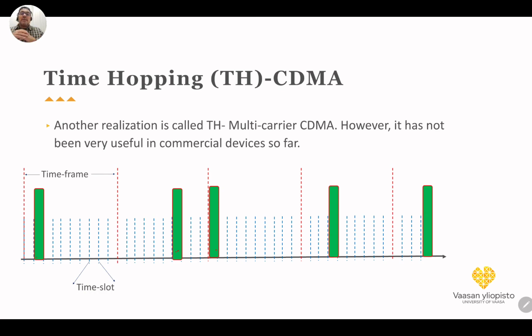Actually, this time hopping CDMA is applied in several systems, and one of the main applications is called ultra wideband. An ultra wideband transmission, impulse radio ultra wideband, where they use impulse radio. So we send an impulse with very narrow time duration.